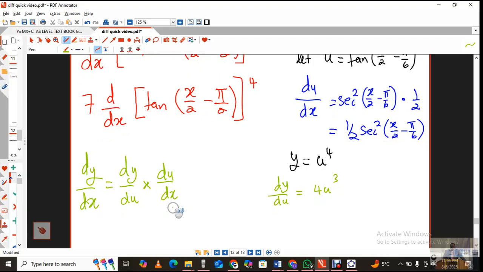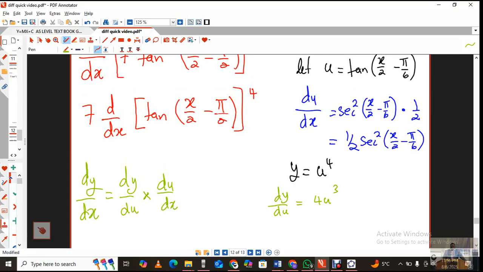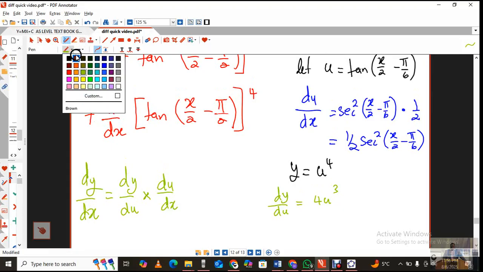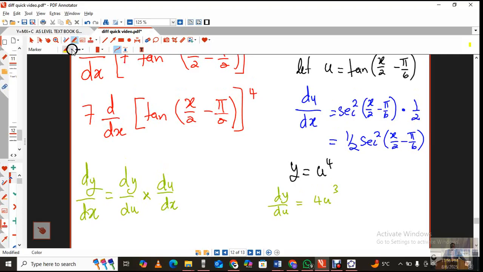So it's just a matter of combining these, dy du with du dx, all of this together. But wherever there is u, I'm going to replace that u eventually with what I have over here. So let's just combine it as this.